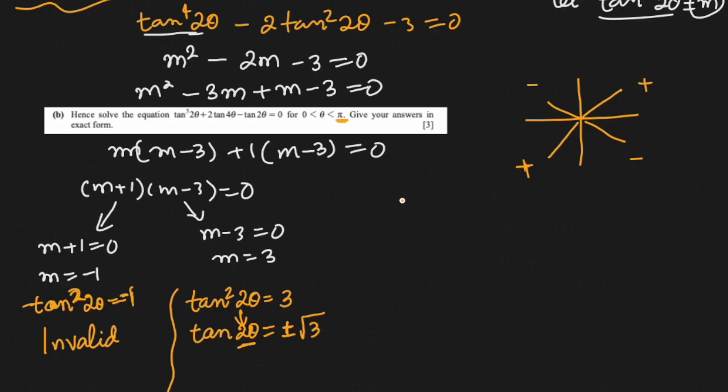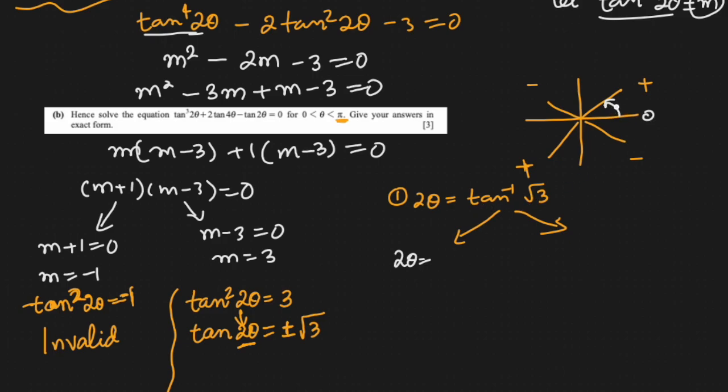The first one, so let's say first answer will be 2 theta equal to tan inverse square root 3 positive. So it is positive in two quadrants, we'll get two answers out of them. So first answer will be from 0 degrees here till the first line. This is the first answer, which will be 2 theta equal to tan inverse square root 3.